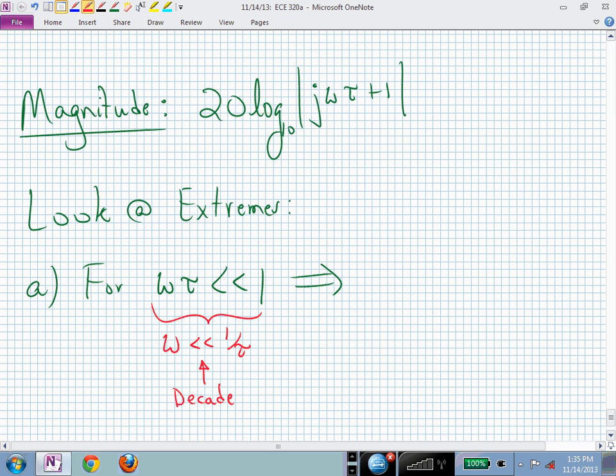What does this magnitude look like when we're much less than the break frequency? If omega tau is much less than 1, how do I approximate j omega tau plus 1? I just forget the omega tau, don't I? I forget the imaginary part, and that just becomes 1 in terms of what's in the complex number.